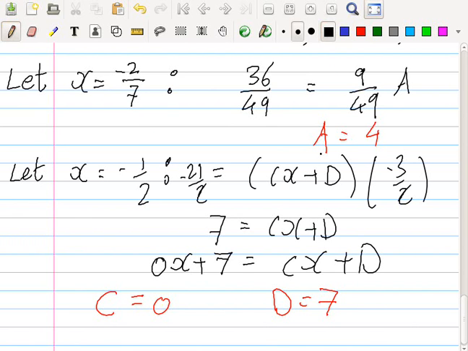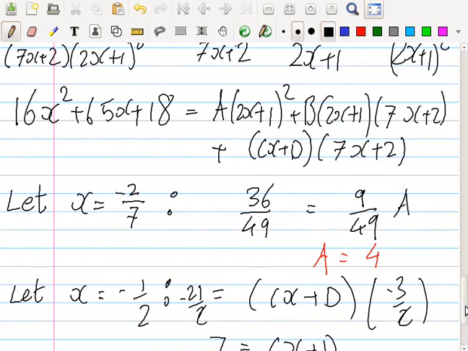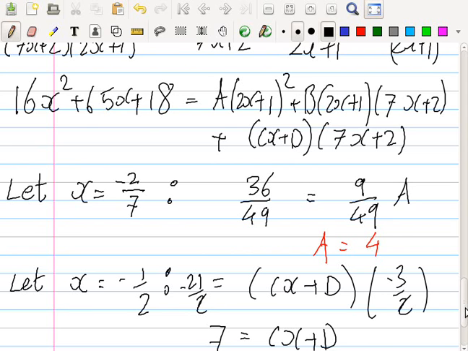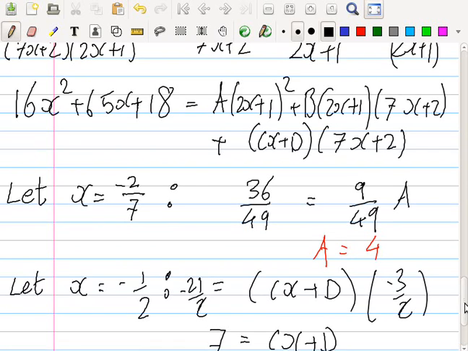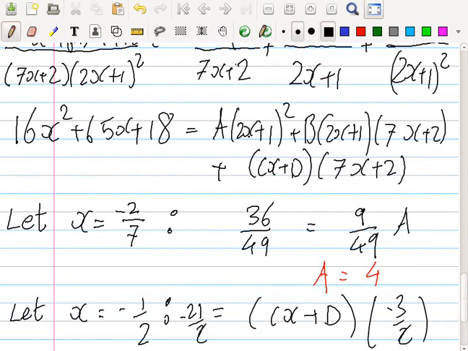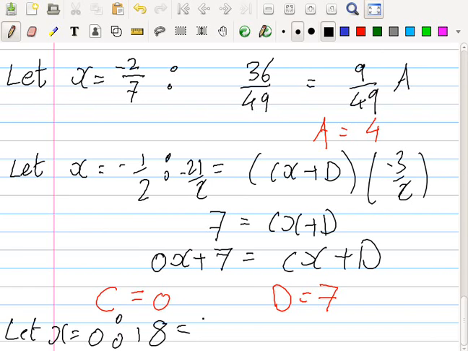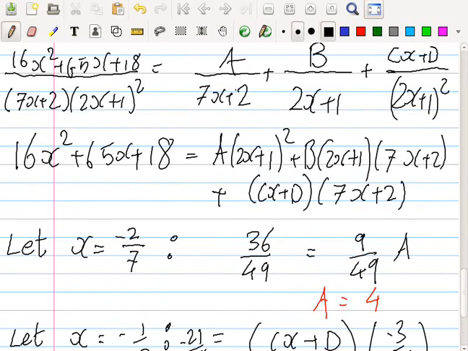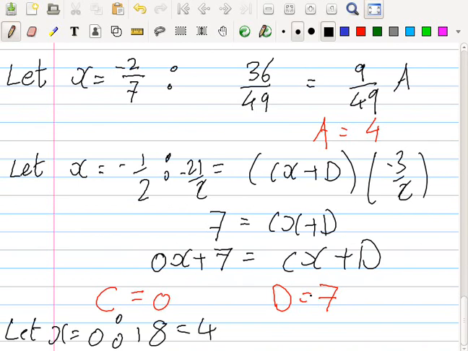Now all that's left to get is b. So the easiest thing to do to get the b is, we know A, we know C, we know D, so what could I do? I just make x equal to anything, so what would be the easiest one? 0 or 1. So I let x equal 0, and I get 18 equals 1 times A, so that's just A. That would be 1, and that would be 2, so that would be plus 2B.